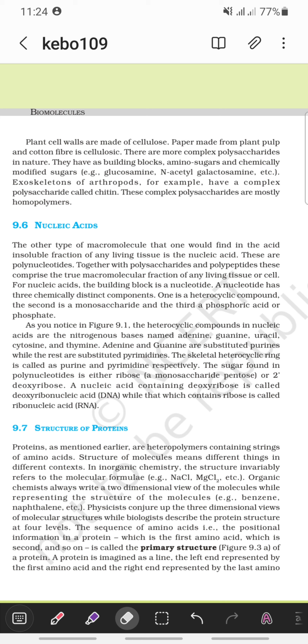The sugar found in nucleotides is either ribose, a monosaccharide, pentose, or deoxyribose. A nucleic acid containing deoxyribose is called deoxyribonucleic acid, DNA, while one which contains ribose is called ribonucleic acid, RNA.